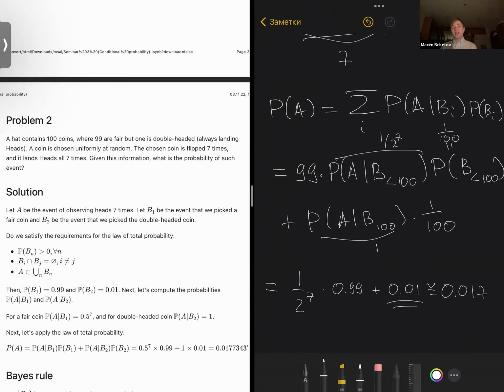It should tell us that if you have 100 coins and only one of them is a fake one, if you flipped it 7 times and got 7 heads, it is not too much evidence that it was the fake coin.